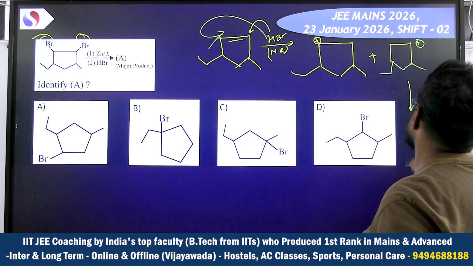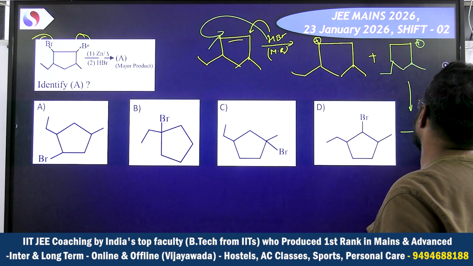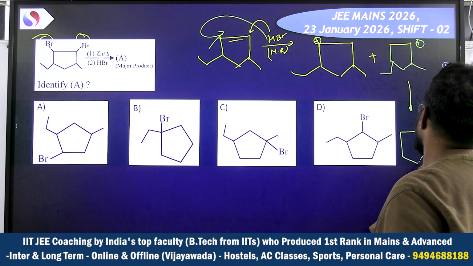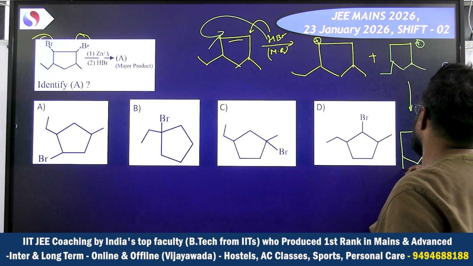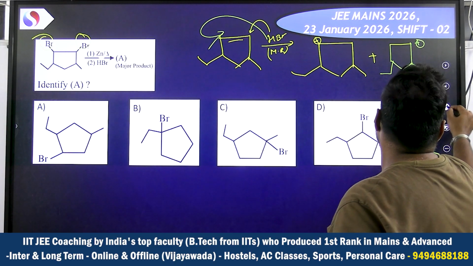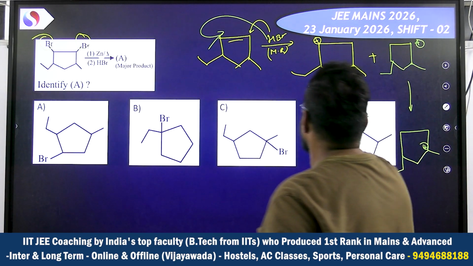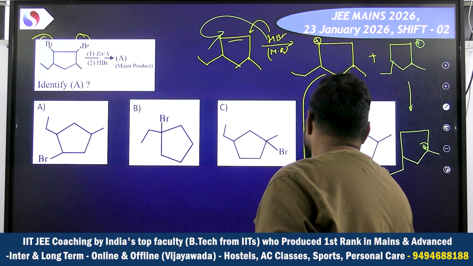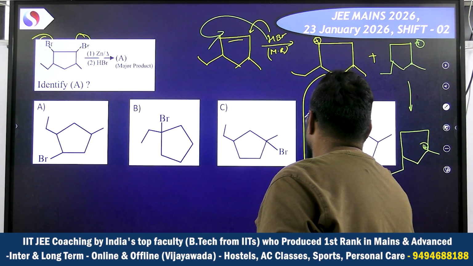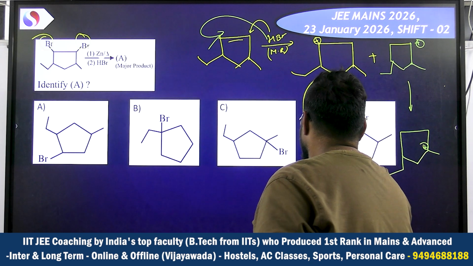Because these are 2 degree, they can undergo hydride shift. So by hydride shift, what will be the next case? This one has the positive charge over here, and ethyl. And for this, if it goes through hydride shift, the possible case will be like this.